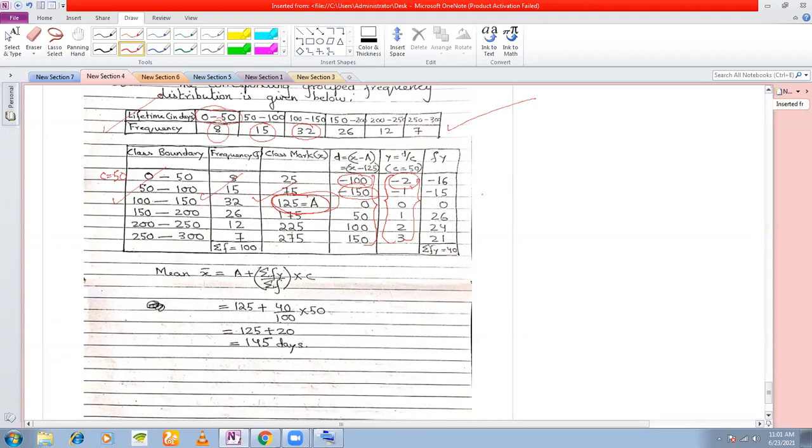This should be 50. Yes, this should not be 150. This should be 50 only. So minus 50, because this is 75 minus 125, which is equal to minus 50. This minus 50 is a deviation. And in the next column, we are dividing minus 50 by 50 to get this as minus 1, which is here.